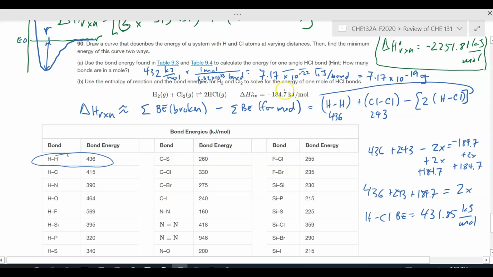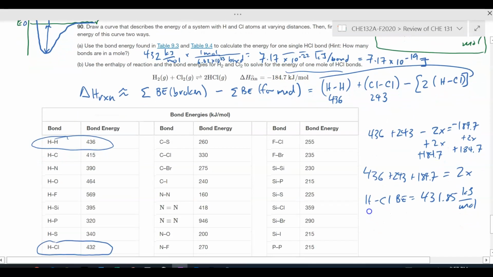We were asked to get the energy of 1 mole, so that's an acceptable answer.